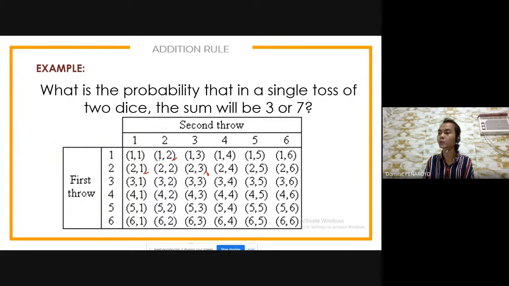So meron tayong 2 out of 36. So again, the sum will be 3. Okay, wala nang iba. That is only 2 plus 1 and then 1 plus 2. So that is the probability that the sum will be 3. So sulat natin P, so that would be 3 or 7.